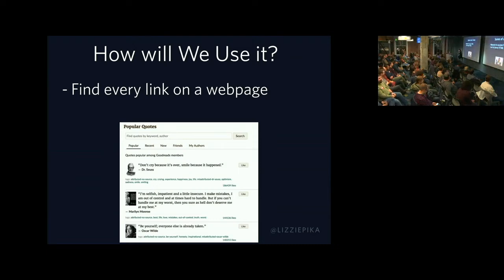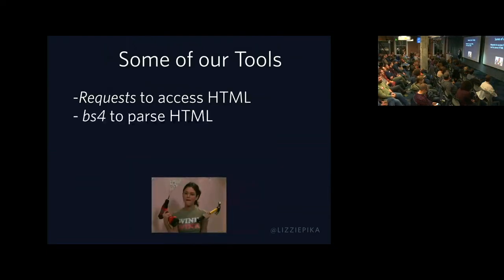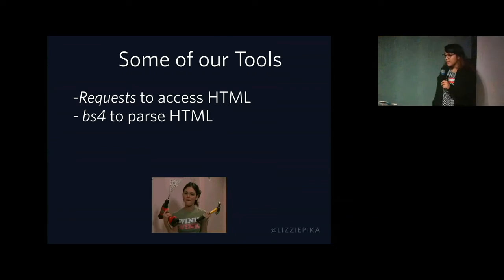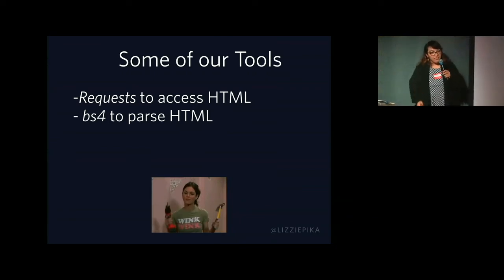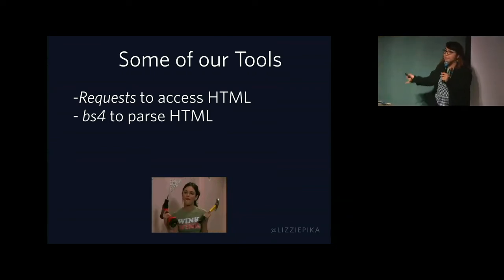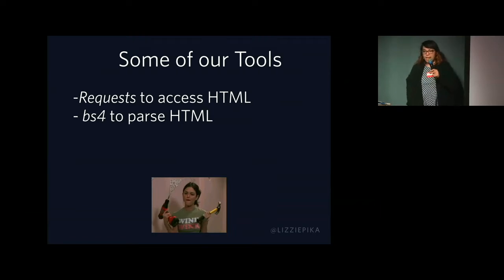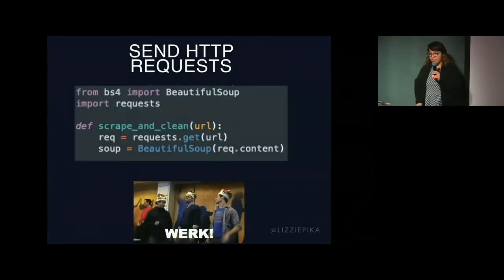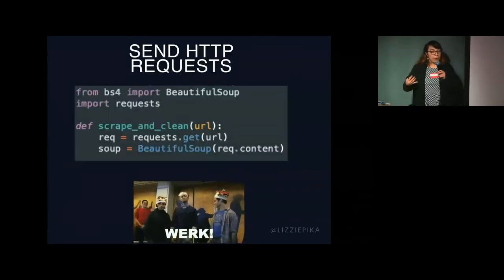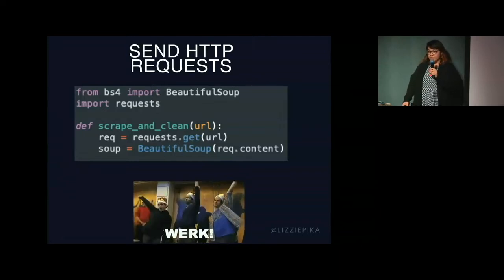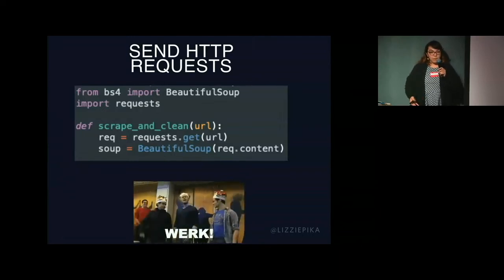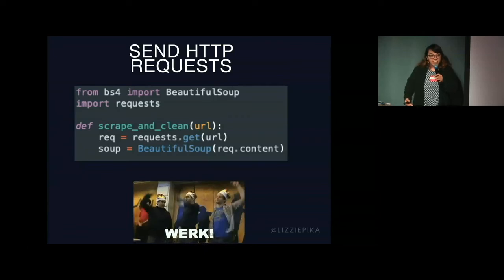Okay, so we'll be using requests to access the HTML pages to scrape, and BS4 or BeautifulSoup 4 to parse said HTML pages. And you can install all of these on the command line with pip. And here, with this code in requests.get, we open the web page, and then we make a BeautifulSoup object representing the document as a nested data structure.